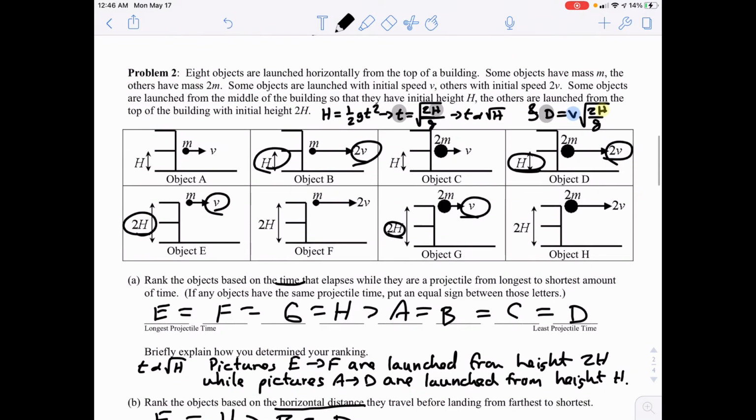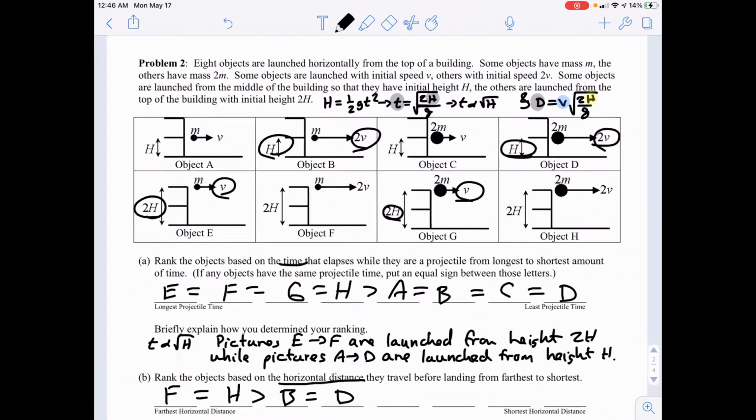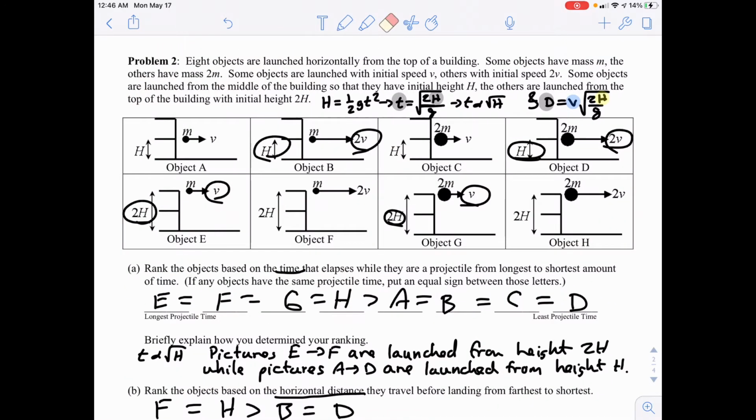Well, it seems to me that if we take a look at these, if we double the velocity while keeping h constant, then d is going to double. So let's take a look at each one of these using this model right here.